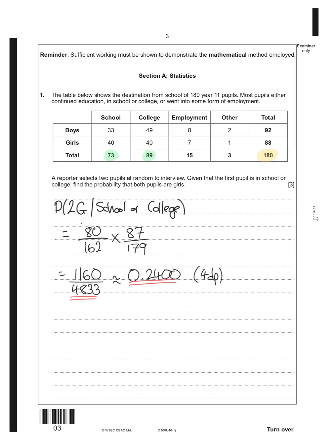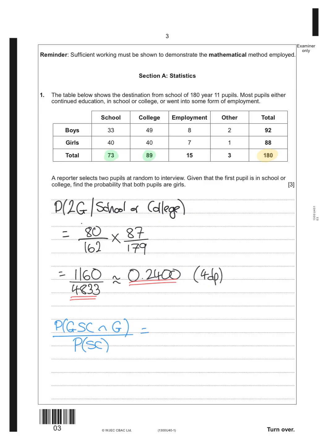So this is the same as writing the probability of a girl in school or college, and then the second person being a girl, divided by the probability the first one is in school or college.